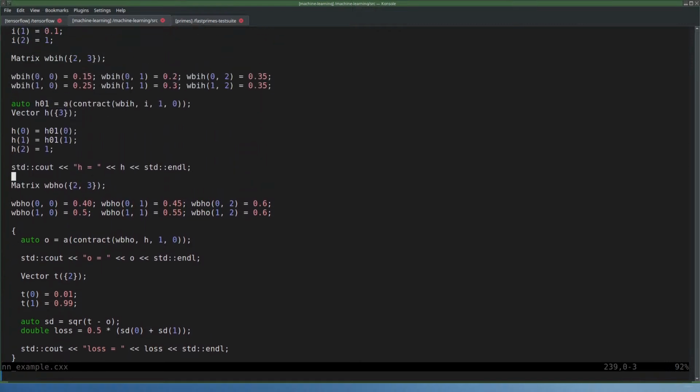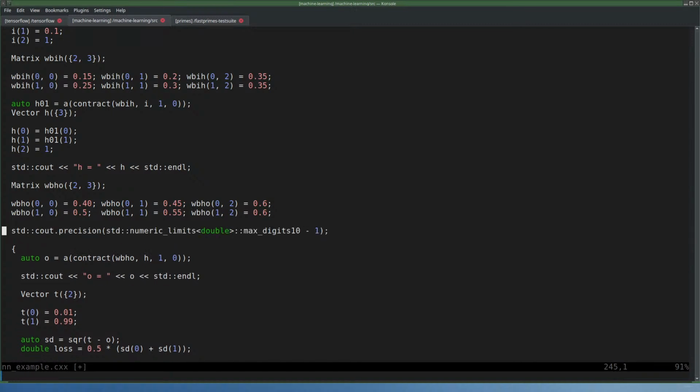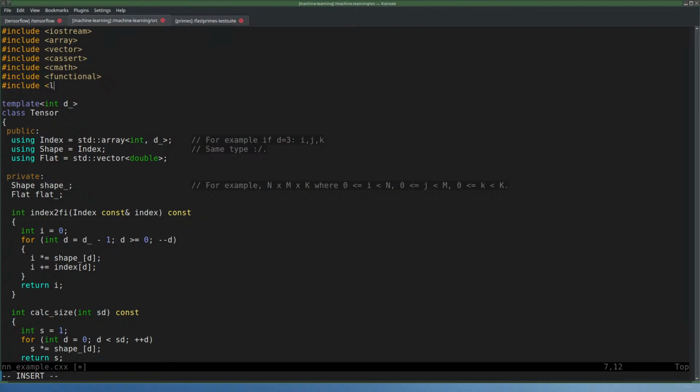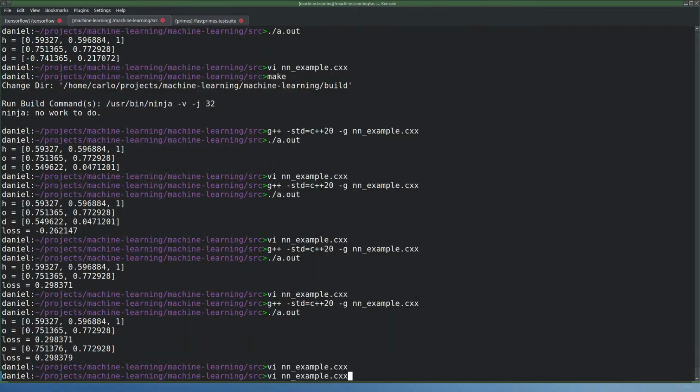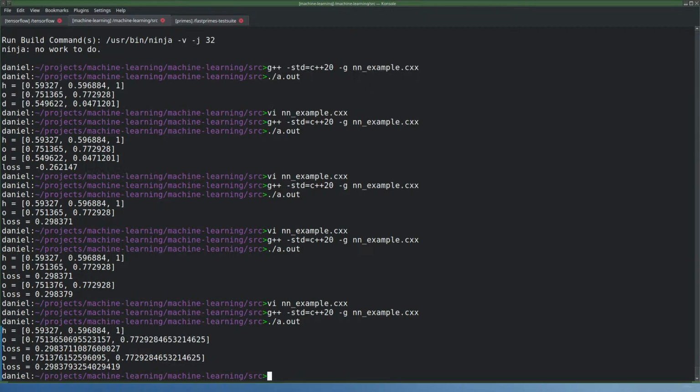Let's see if that works. So from here on I want to print full precision. We need limits for that, include limits. Now we get huge numbers. You should do it at the top so you can see that one as well.